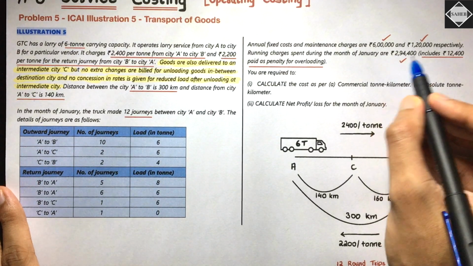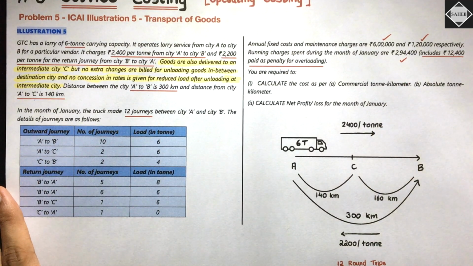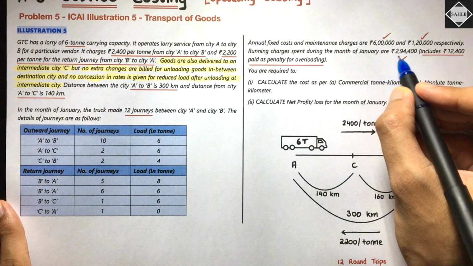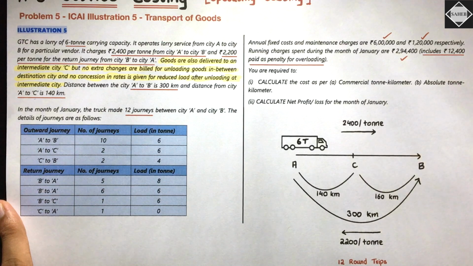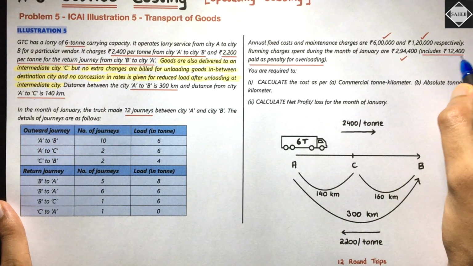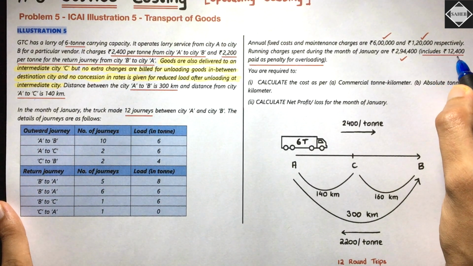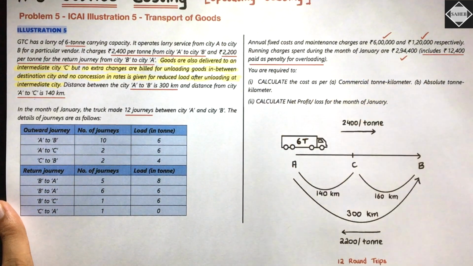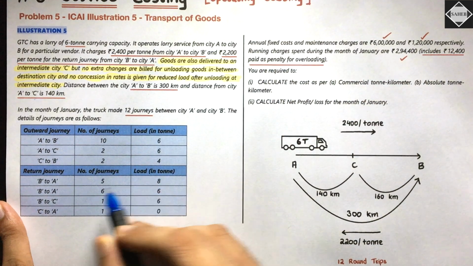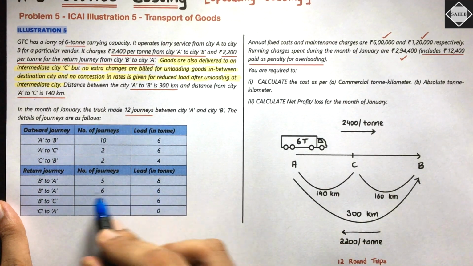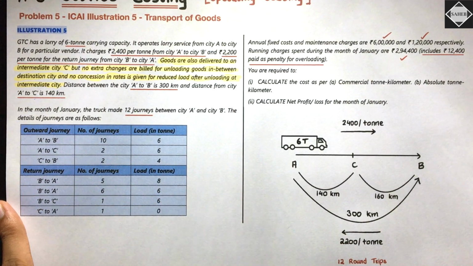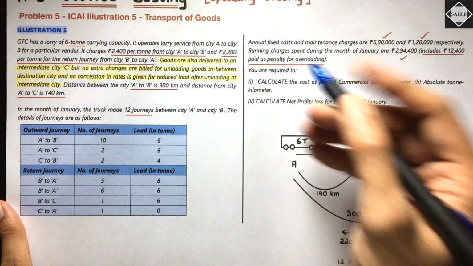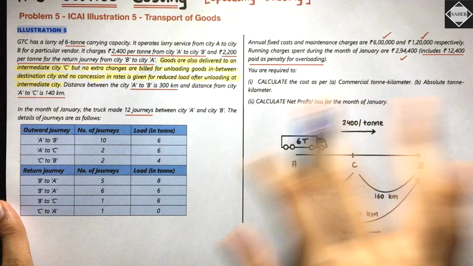Okay. Then they have said running charges spent during the month of January are 2,94,400. So this we will directly take, but understand what they are saying in the bracket. They are saying that this 2,94,400 includes 12,400 paid as penalty for overloading. I told you now, we are carrying 8 tons capacity on this return journey, right? So because of that, traffic police has fined us. There is a penalty, and you have to understand, it's not in the normal business.